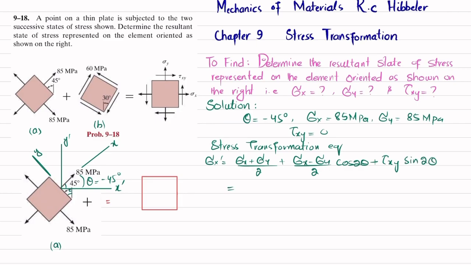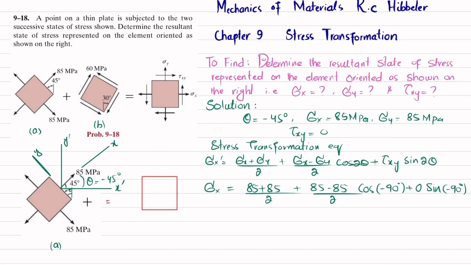So I will put the values: 85 plus 85 divided by 2 plus 85 minus 85 divided by 2, and cos of 2 theta, where theta is minus 45, so 2 theta is minus 90 degrees, plus 0 into sine of minus 90 degrees.